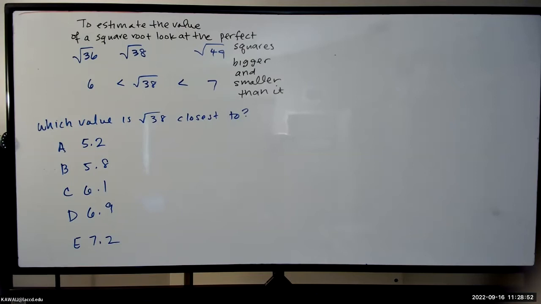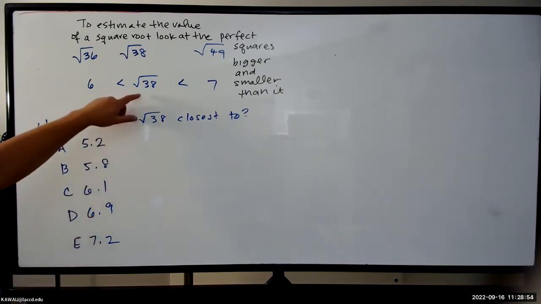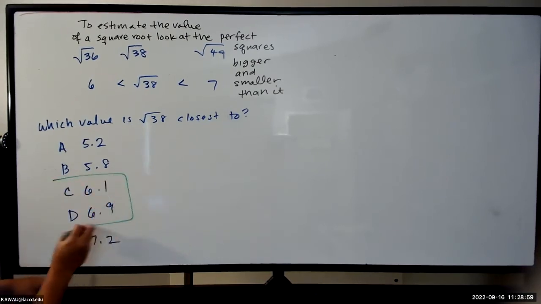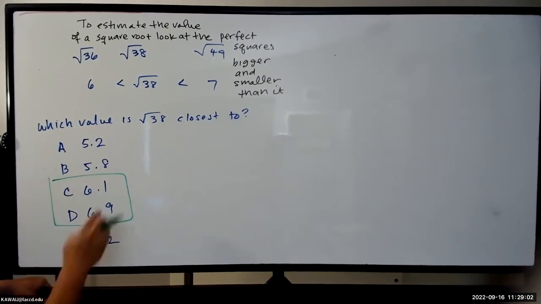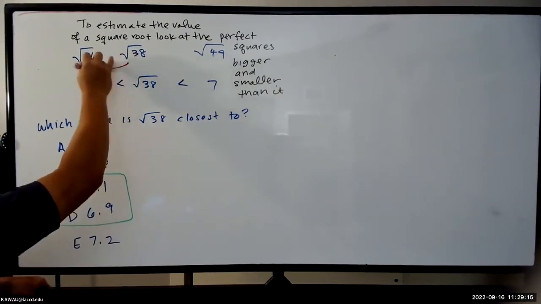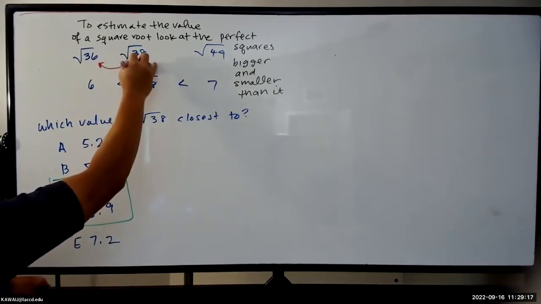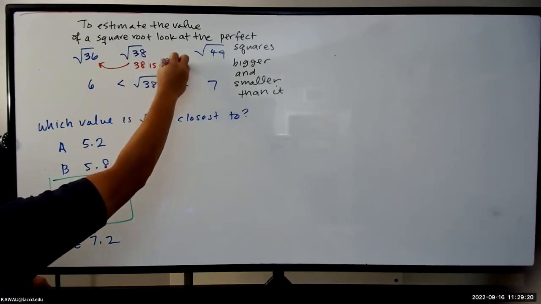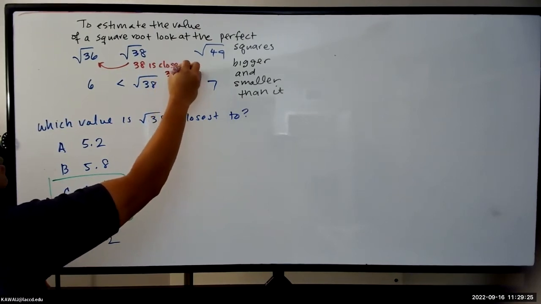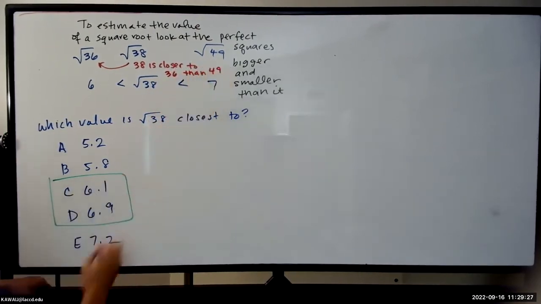Okay, so let's look at this. We're saying the square root of 38 is between 6 and 7. So the only two numbers I'm looking at are those, because 38 is in between 36 and 49. Now, the question is, which one is it closer to? Look, 38 is closer to 36 than 49.